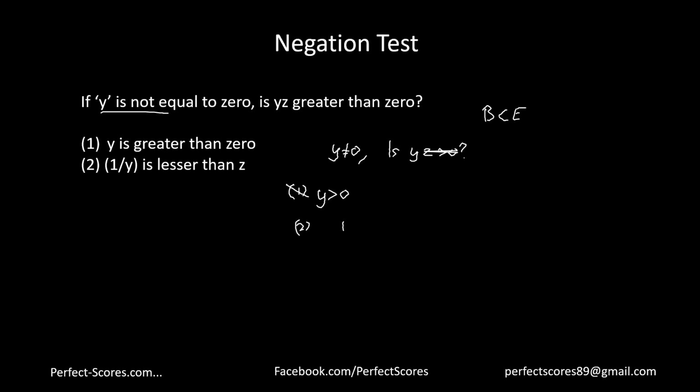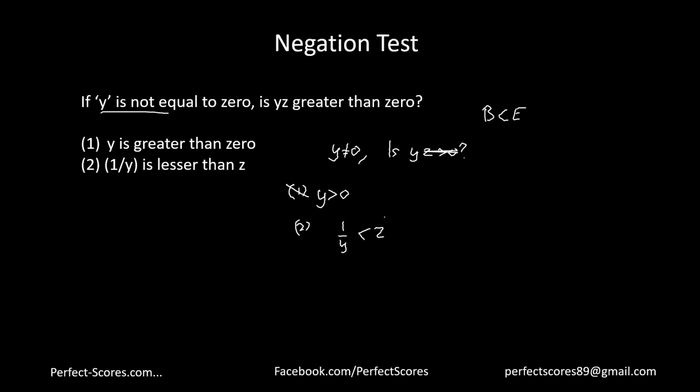Statement 2 says 1 over y is less than z, and the question is asking you, is y into z greater than 0? What you can do here is use numbers to get the answer.